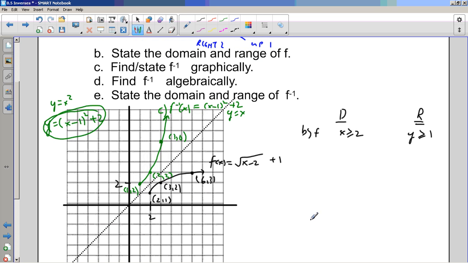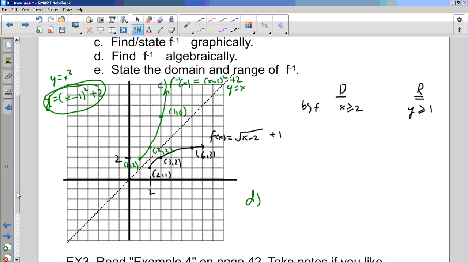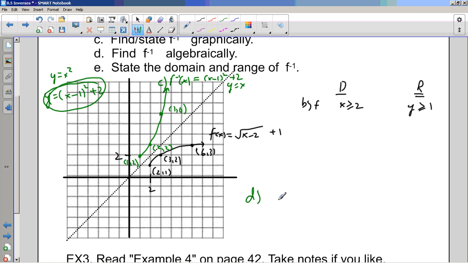So where am I going to do the work here? I want to save some room here, so I'm going to do the part D right here. Part D is, I'm going to start with my original equation, right? Change x and y, and then solve for y.